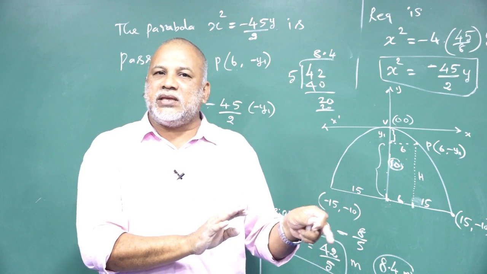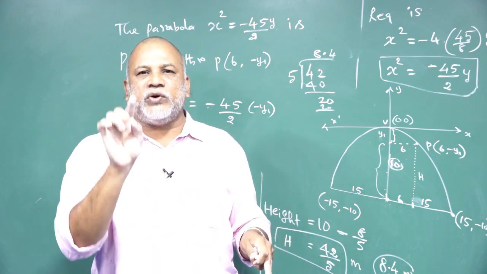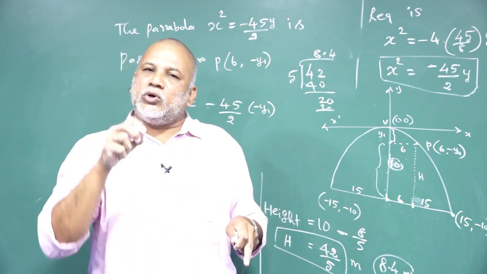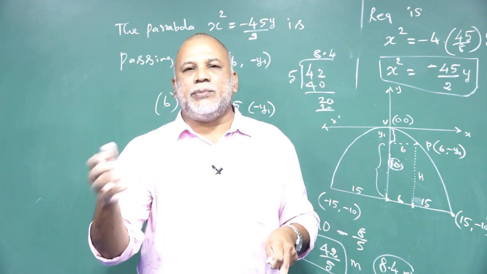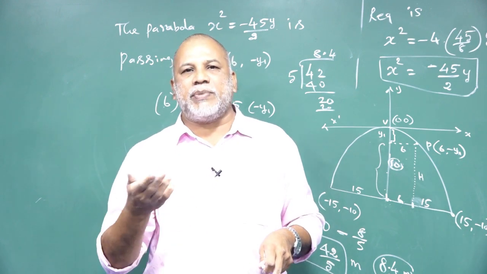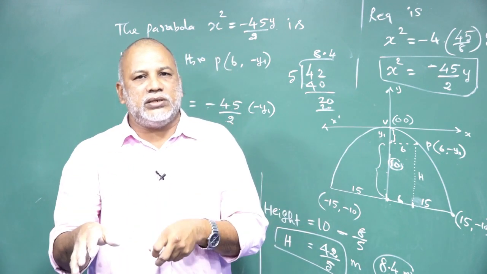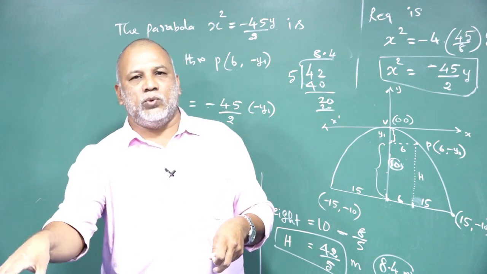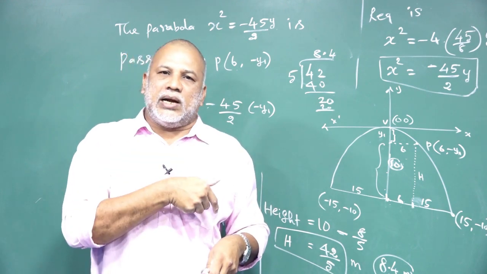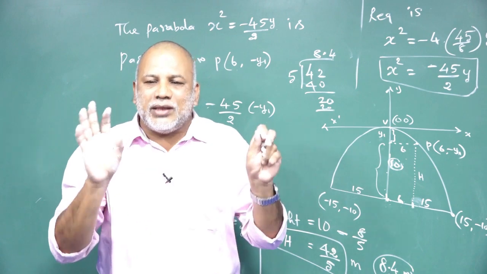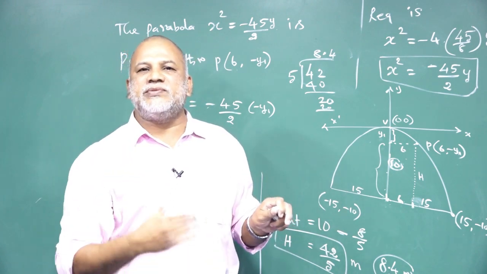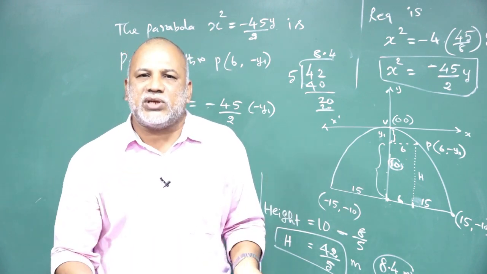After selecting the equation, first you have to find the value of a. How are we able to find the value of a? By substituting the point. The equation of the parabola passes through a point. Here one point lies in the 4th quadrant, another lies in the third quadrant. The points must be equidistant from the center because it is symmetrical.